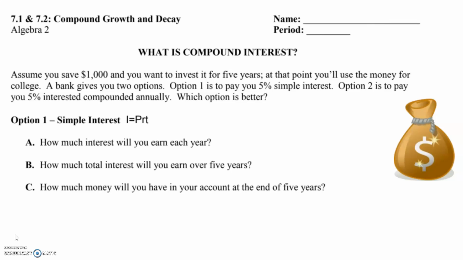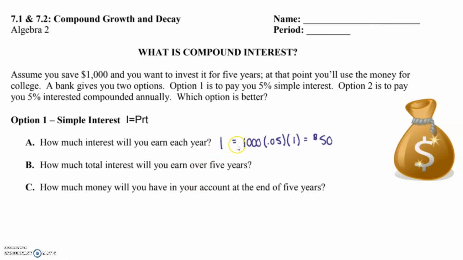And if I'm calculating simple interest, my equation looks like this. My interest is equal to P, the principal, times the rate times the time. That's just calculating that 5% simple interest over that 5 years. So it's 5% times the number of years, with my principal being $1,000. That's the initial payment. So the equation looks like this.